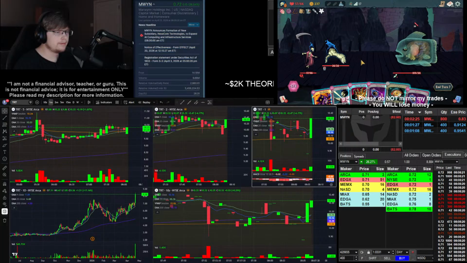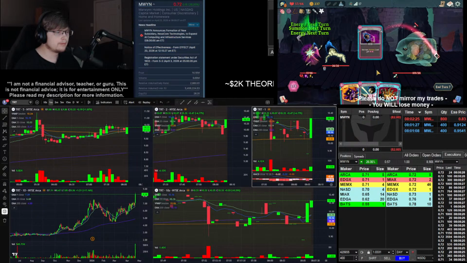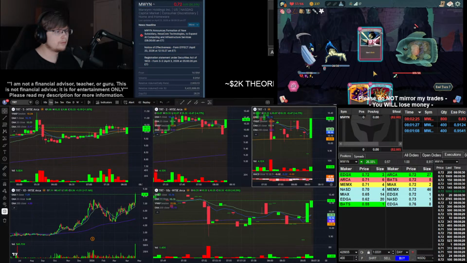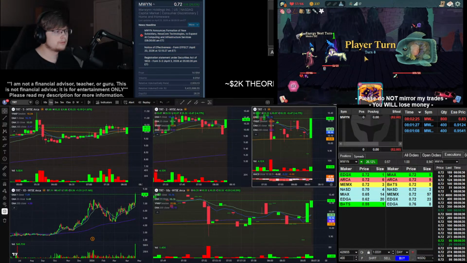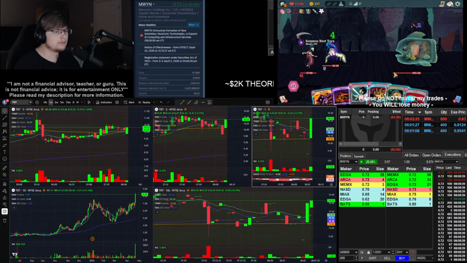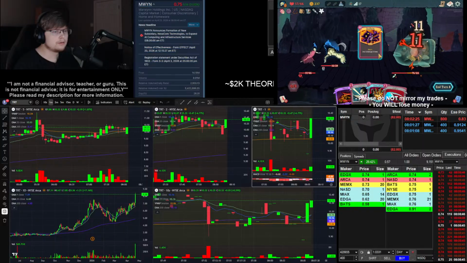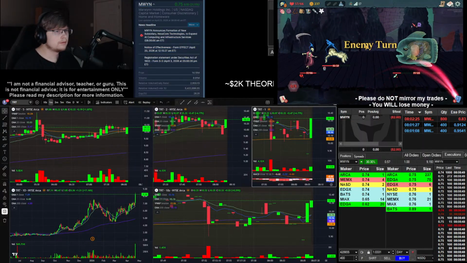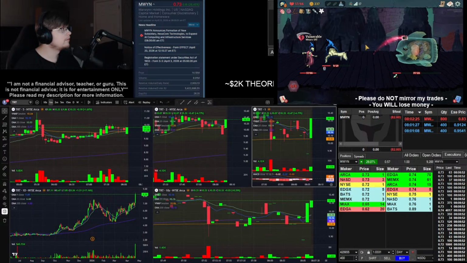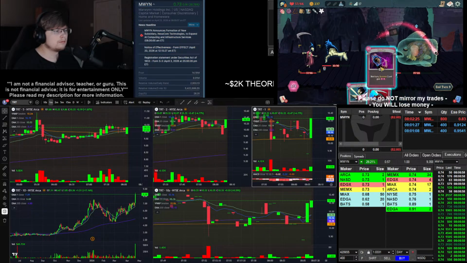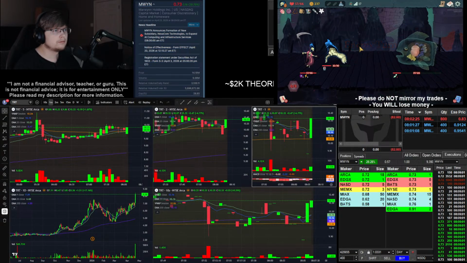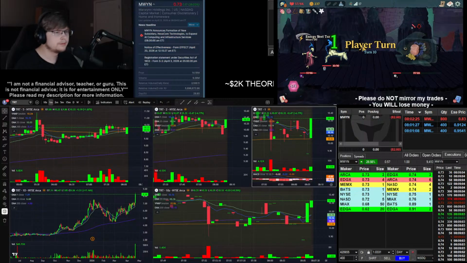Double invoke back in. Then I can just kill him next turn. Do not quite kill, but do a lot of damage. Intangible.